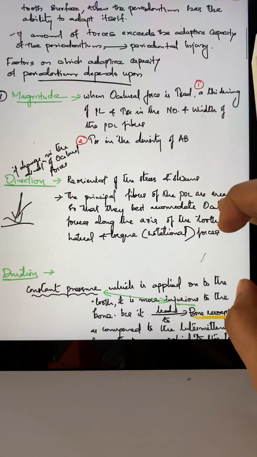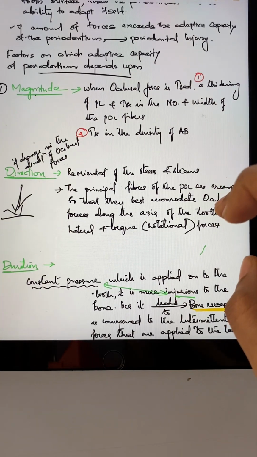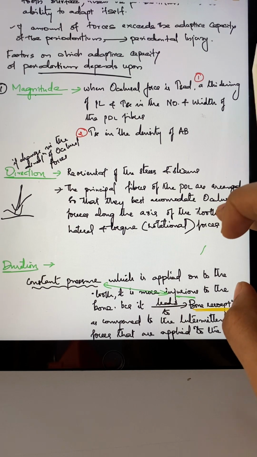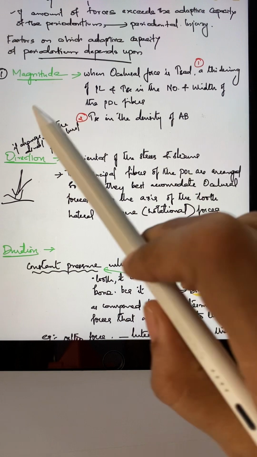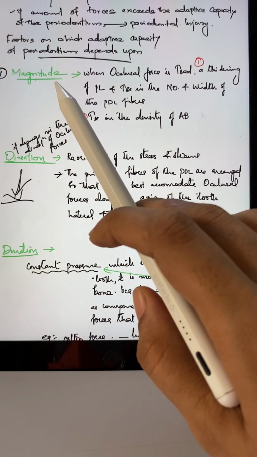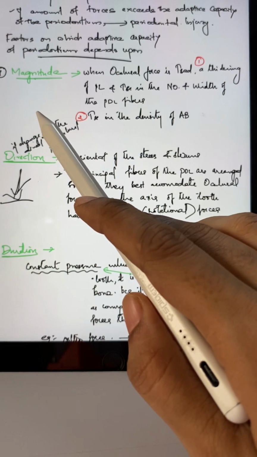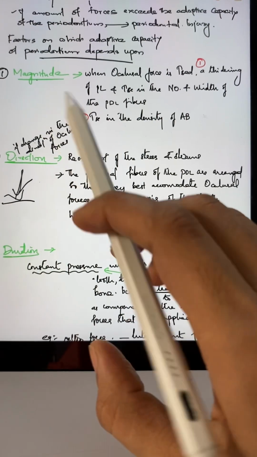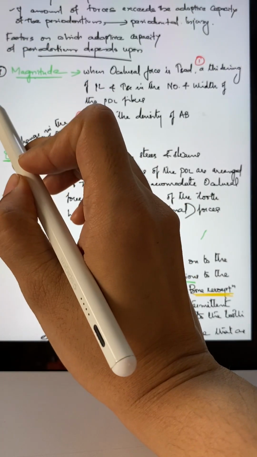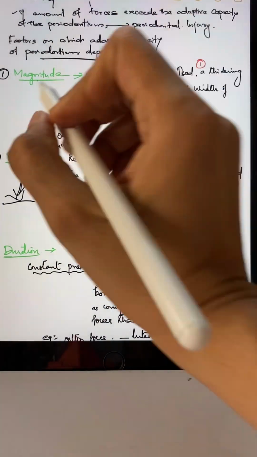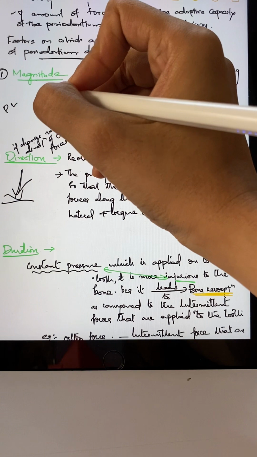There are certain factors on which the adaptive capacity of the periodontium depends. First is the magnitude. When the forces increase, two changes occur. One is the change in the periodontal ligament, and the other is in the alveolar bone.